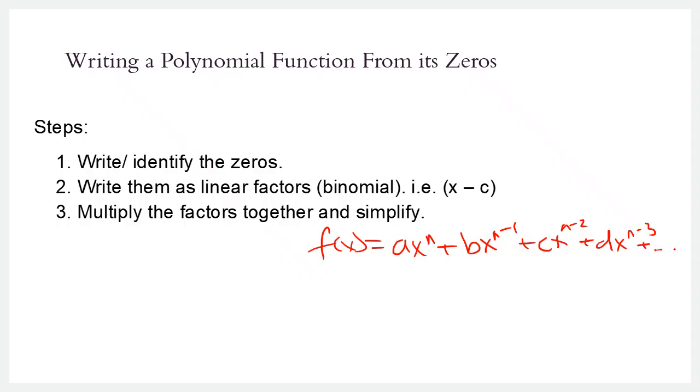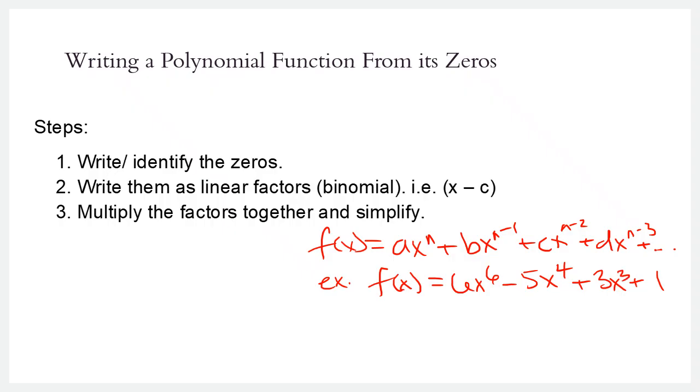For an example, f of x equals 6x to the 6 minus 5x to the 4th plus 3x to the 3rd plus 1. Sometimes you have some of the terms and sometimes you do not. You just multiply out until you get what you get. I thought I was making that better, but I definitely made that worse.